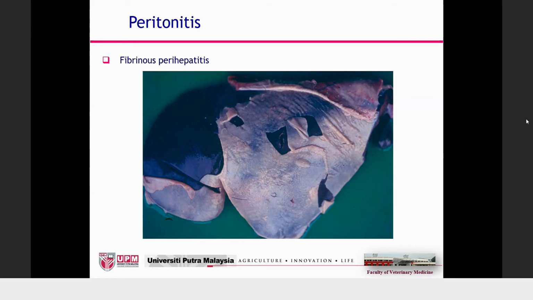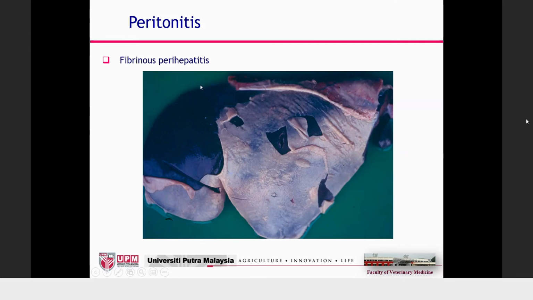But in this case, again, there is severe inflammation of the liver, and as a result of that, the blood vessels of the liver become dilated, and the fibrin escapes and covers the surface of the liver.